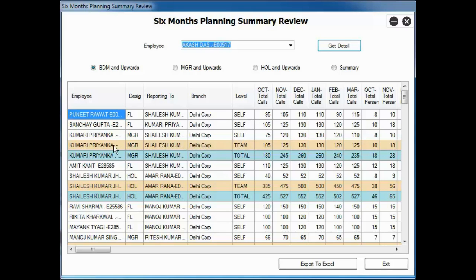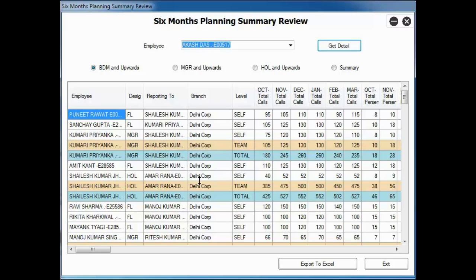So this total in brown that you see is the team total for Priyanka Kumari. And below that, when you add on her figure also of 75, the blue total for manager Priyanka Kumari shows the total for everybody including Priyanka's self itself.